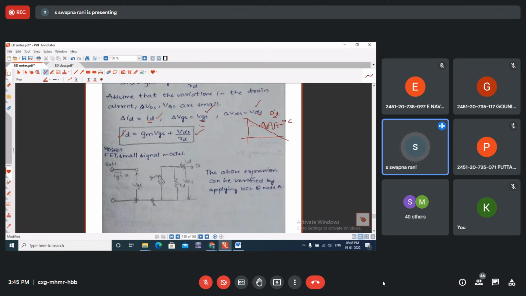So this is the equation using which we will develop this small signal model of FET.